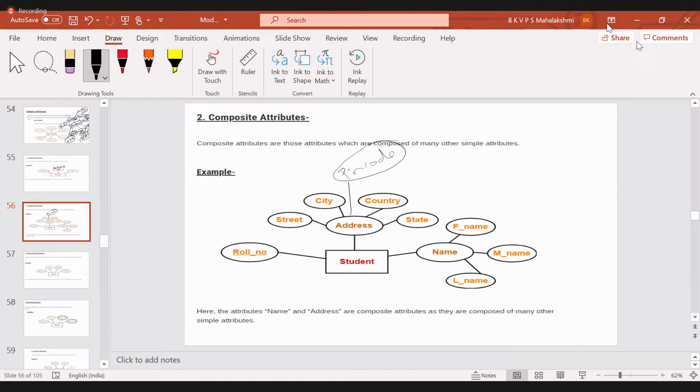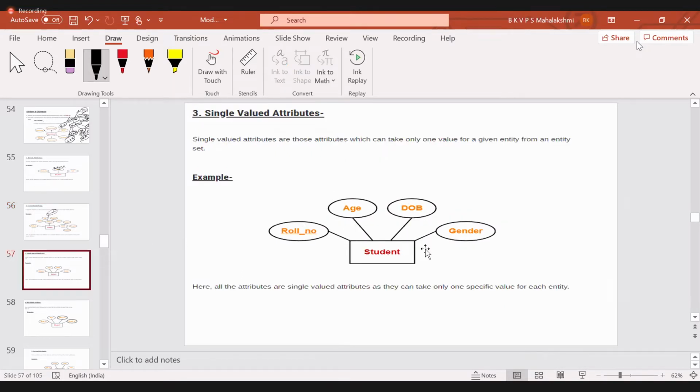Any doubts? No, ma'am. Okay. So this is the representation of the composite attribute. For a single-valued attribute, there is no specific representation different from the normal attribute.